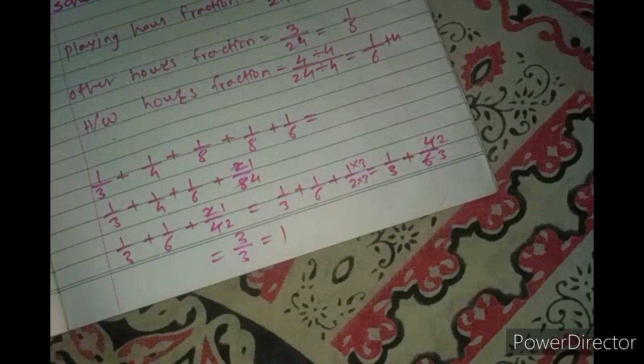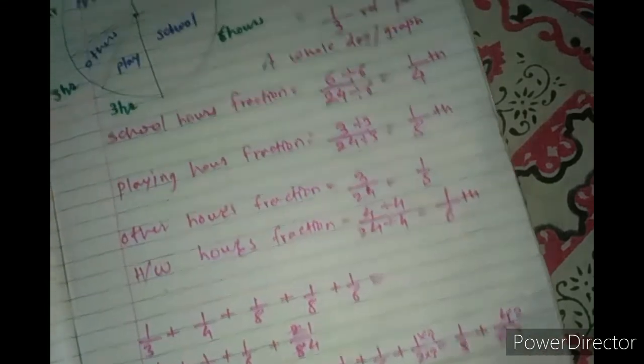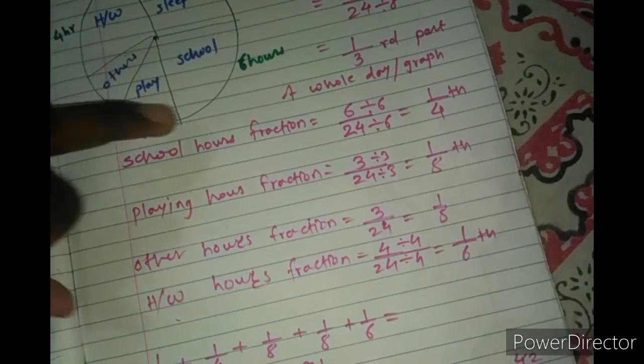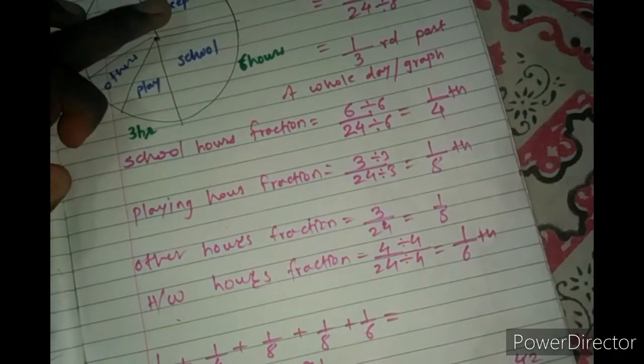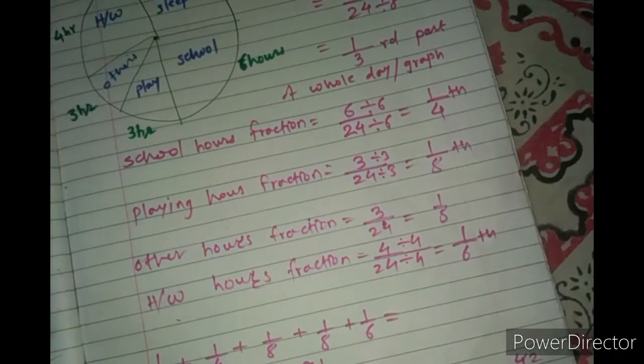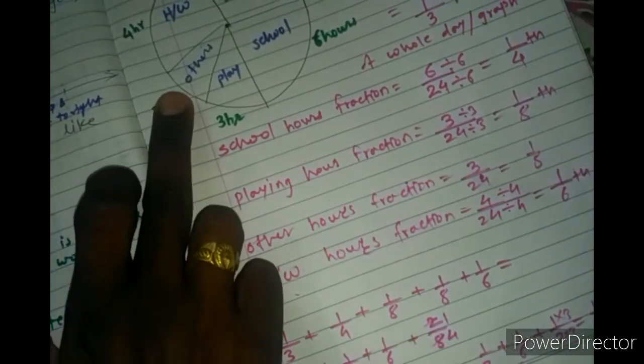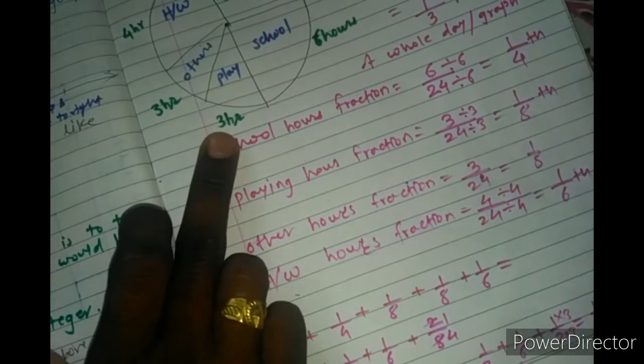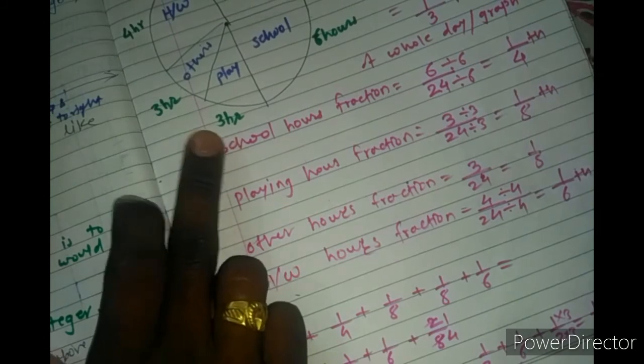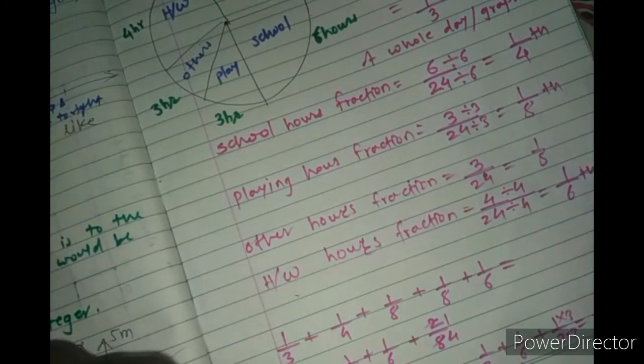By drawing this we can find in which area more hours are invested. Sleep, with 8 hours, is the area where we invest more hours. The areas with very few hours invested are others and play, that is 3 hours and 3 hours, right? In this way we can study information by arranging it in a pie chart.